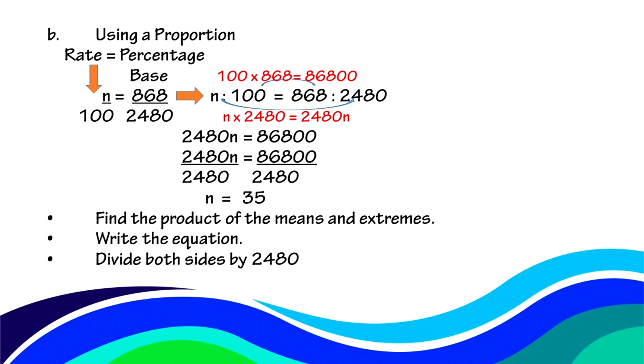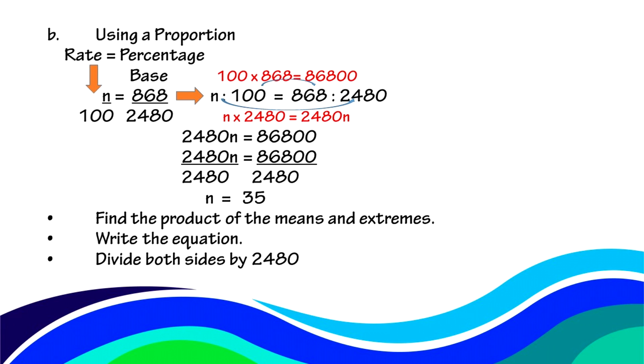Then we multiply the means, 100 multiplied by 868, giving 86,800. Multiplying the extremes, n by 2,480, we get 2,480n. Then we divide by 2,480, so 2,480n divided by 2,480 is n, while dividing 86,800 by 2,480 we get 35. So again, n equals 35.